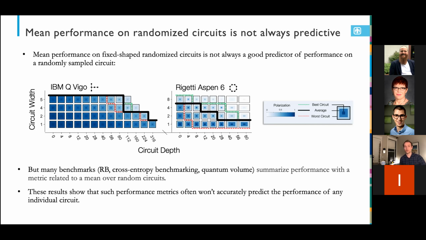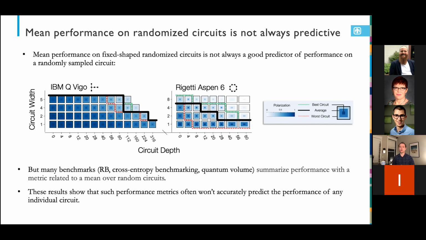of important point to realize that this happens, because many performance metrics you get out of things like RB, cross-entropy benchmarking, and quantum volume, they summarize performance with a metric that really is just related to a mean over random circuits. And so what these kind of results are telling you is that kind of metric often won't accurately predict how any individual circuit will perform, even a circuit drawn from the same distribution.